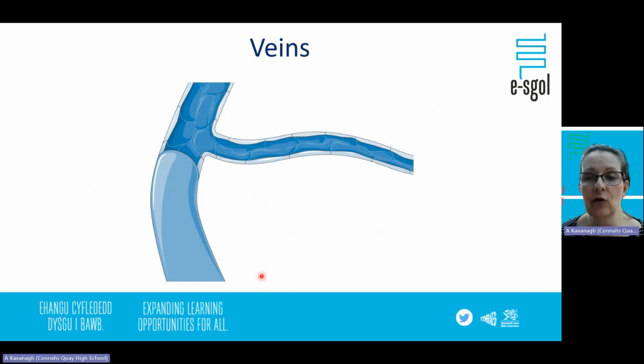So we'll look now at the structure of veins. And as you can see, compared to the artery, they are quite different in structure. So you can see very simple in terms of their structure inside there through this cross section.